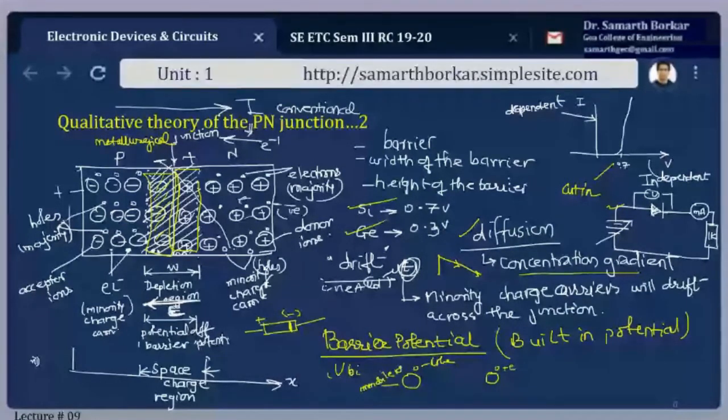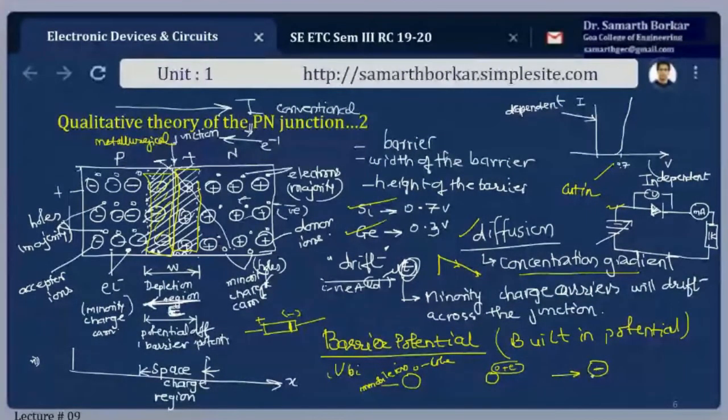Now, if this hole combines with an electron, then we have an immobile ion with a negative charge. This is what we have shown here.